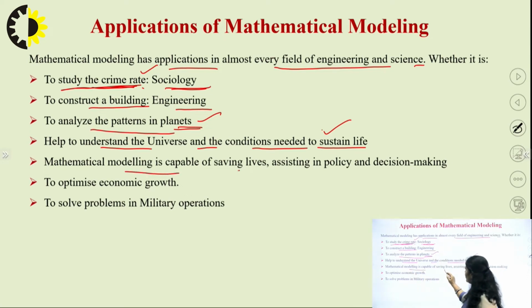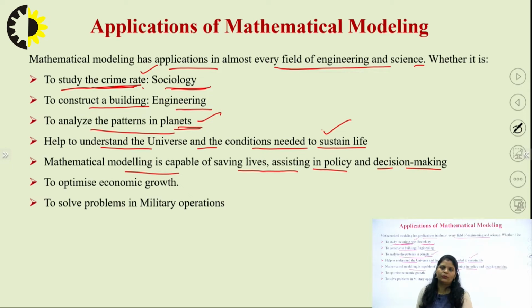Mathematical modeling is capable of saving lives, assisting in policy and decision making. So if we want to make some decision, then also we use some techniques, for example, decision making techniques. If we want to help in making policy, that policy can be for any type of system.